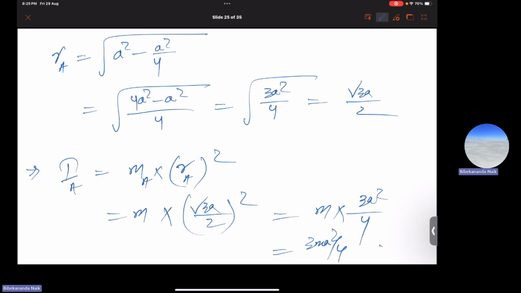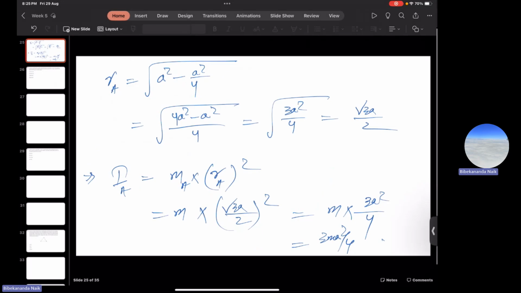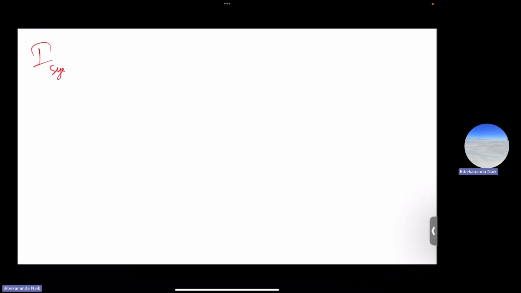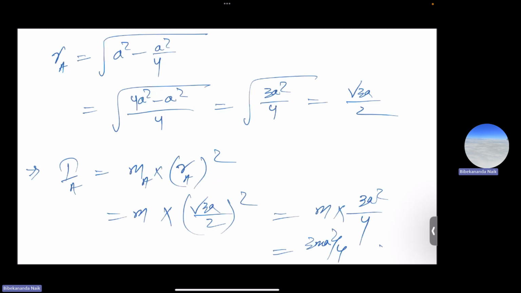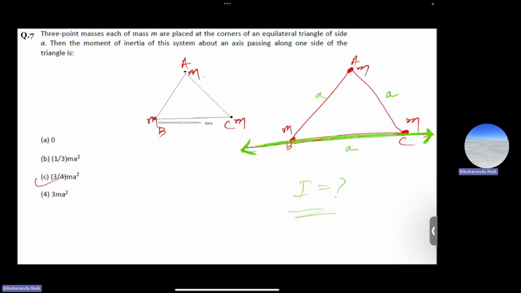Now the total moment of inertia of the system will be I_a plus I_b plus I_c, which is 3ma square by 4 plus 0 plus 0, so 3ma square by 4. So the correct answer is 3 by 4 ma square.